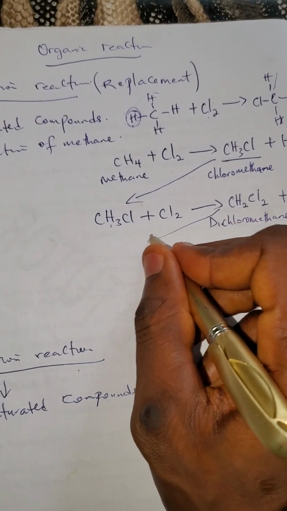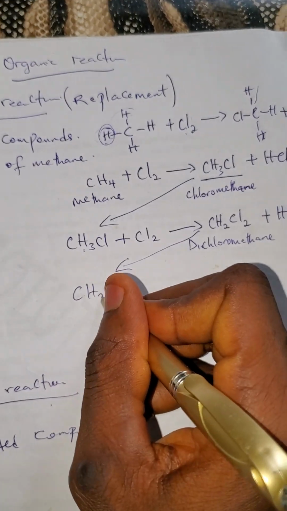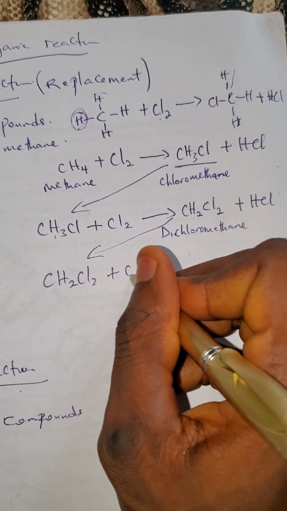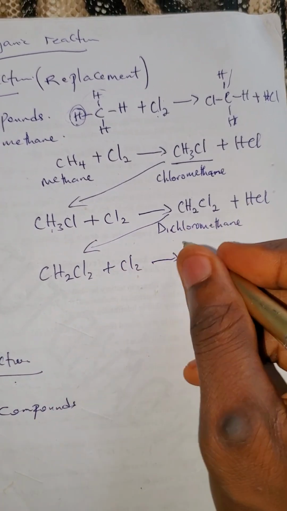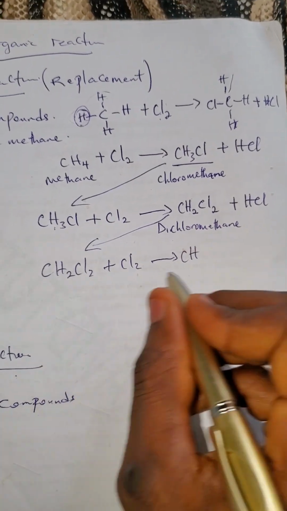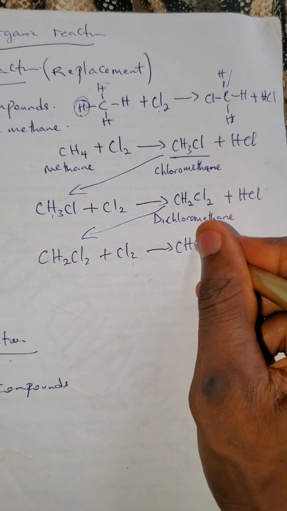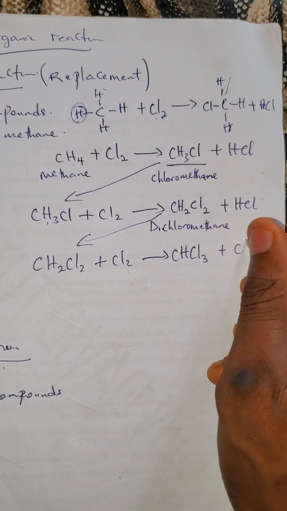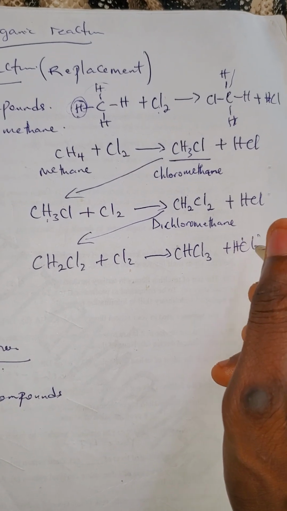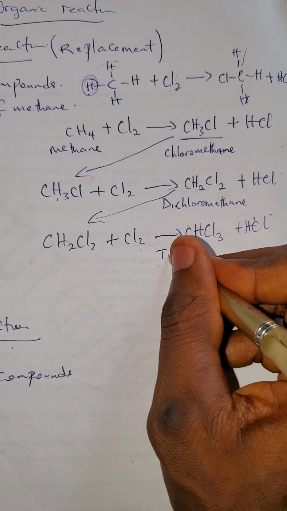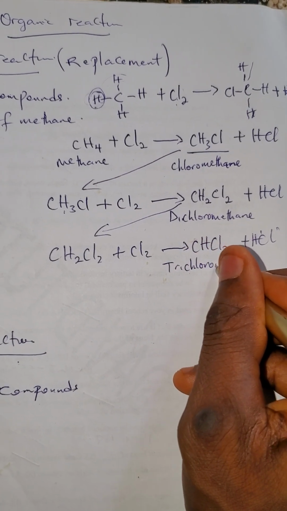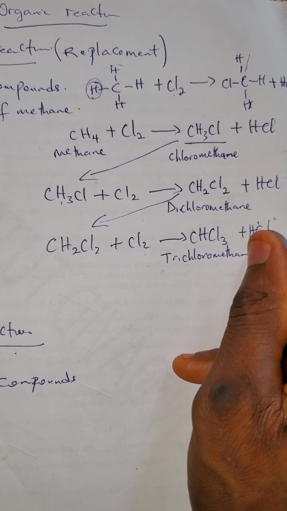Now, if this dichloromethane also undergoes the same thing, CH2Cl2 plus Cl2, it will reduce one of the hydrogens. So the hydrogen becomes 1, then Cl3 plus HCl. Then this one is trichloromethane.